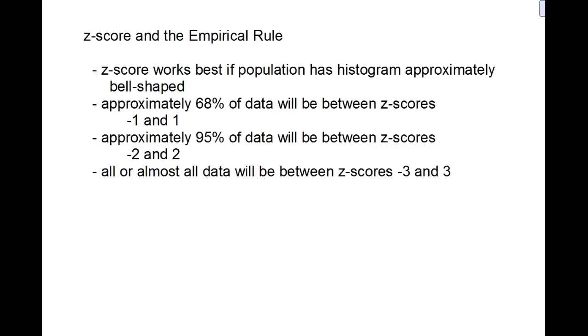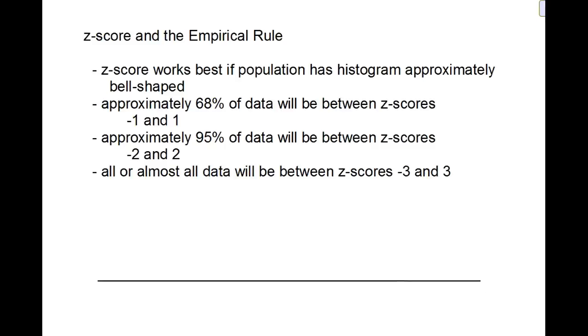Now, we can compare the z-score with the empirical rule. If you recall previously from the empirical rule, the z-score works best if the histogram for the population is approximately bell-shaped. And we can look at those same things as I was drawing that number line previously.